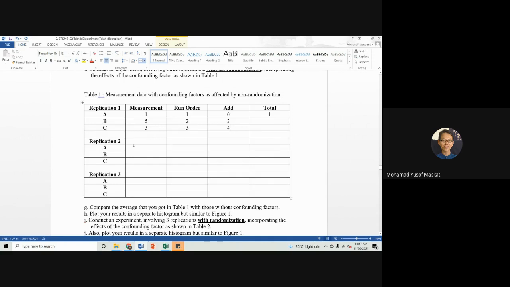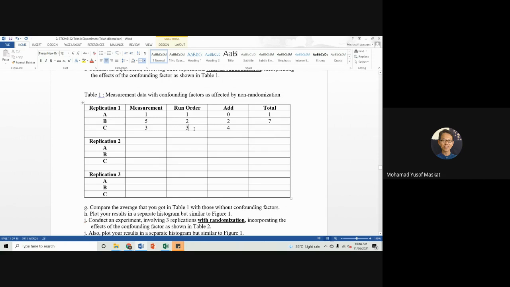For B, it is supposed to give a result of 5. But because it is run order 2, the result will increase by 2, meaning that what we will see is 7. And for C, this treatment is supposed to give us a result of 3.